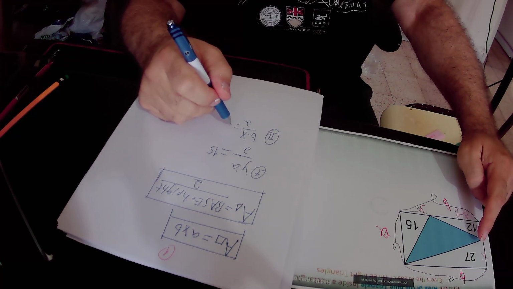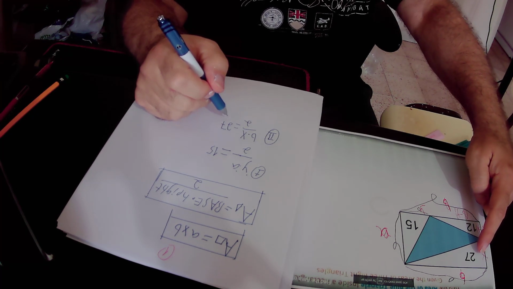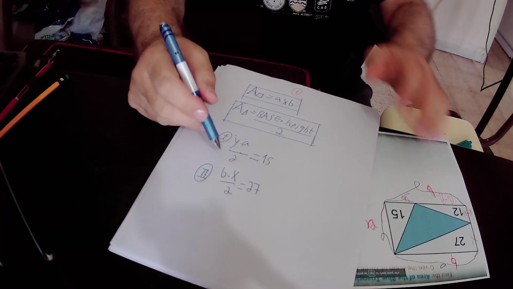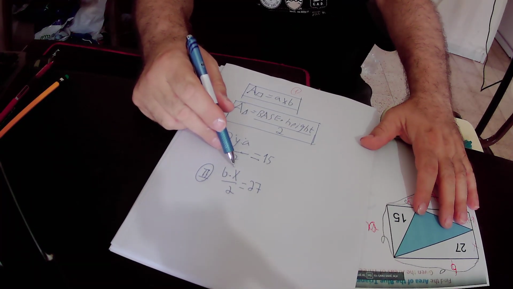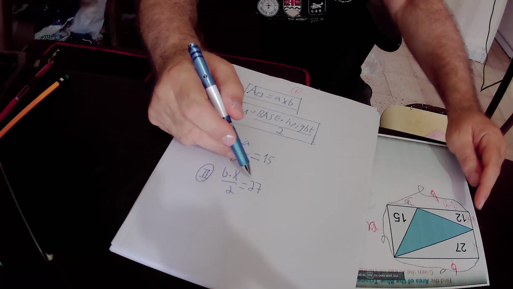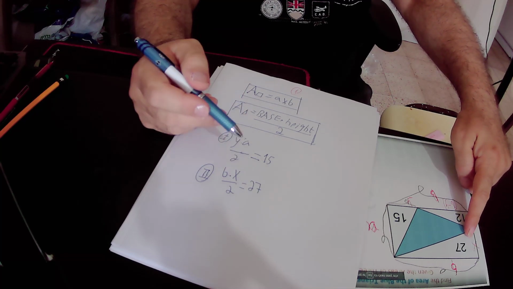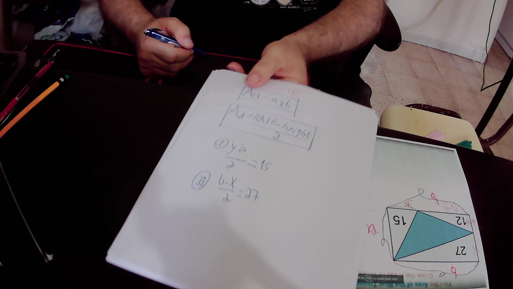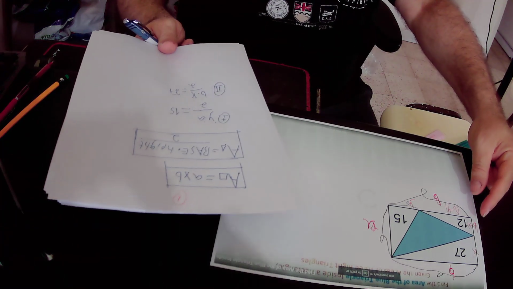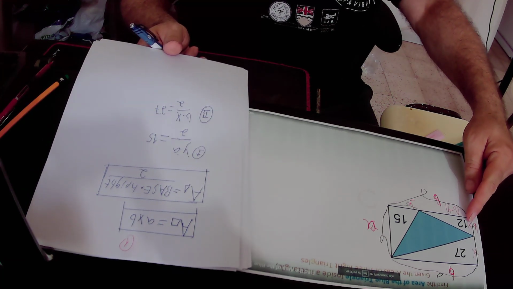It equals 27 units. In the same way, we will create the formula for the area of the triangle whose area is 12 units.